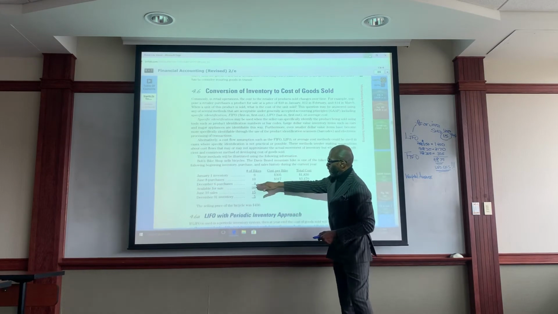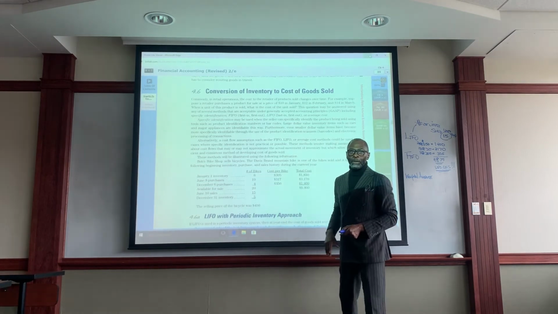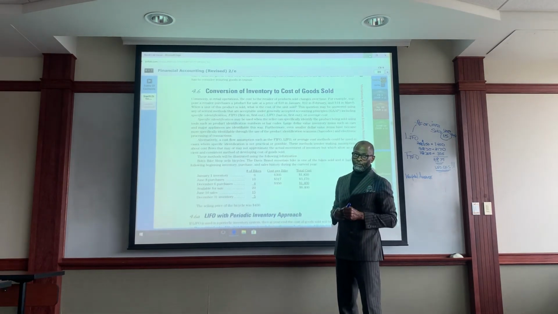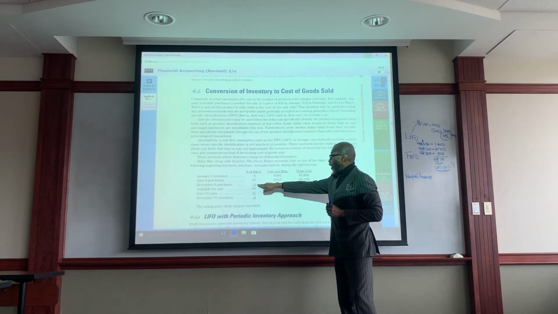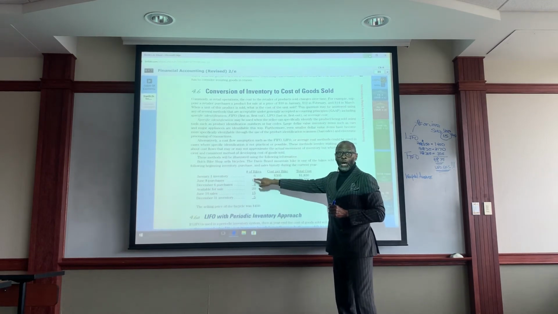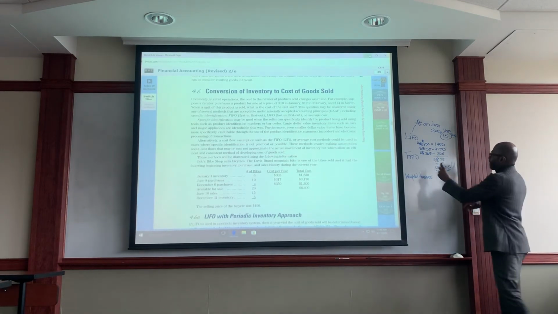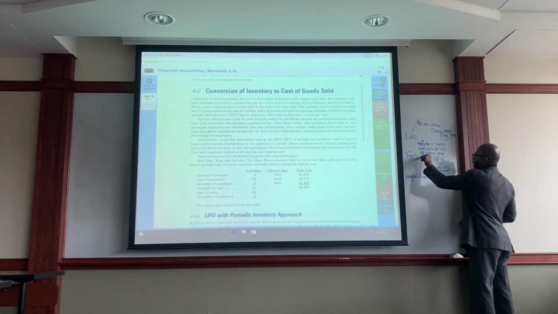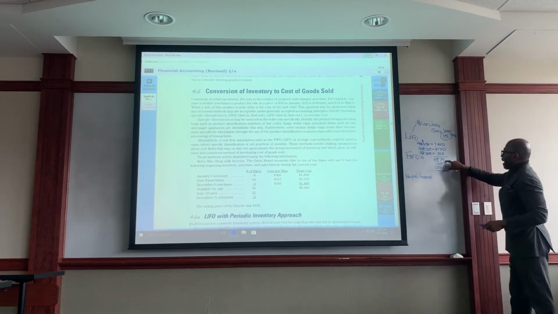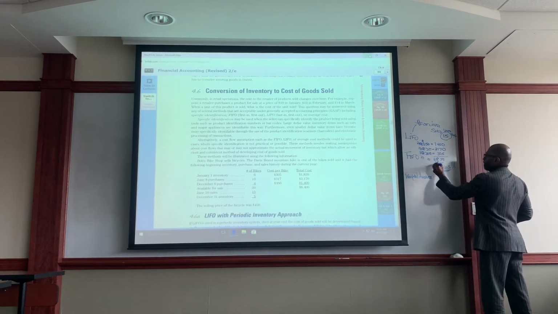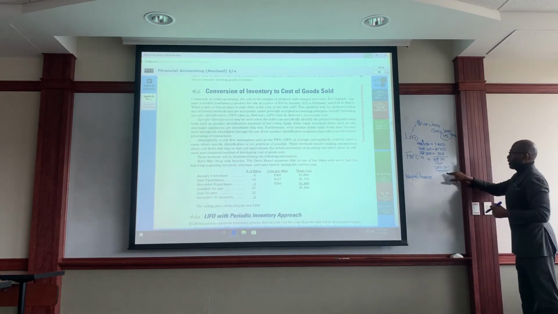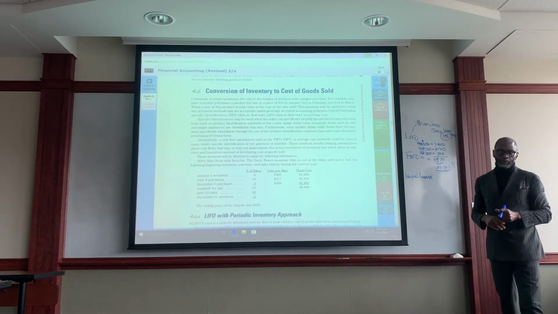We're working from the bottom to the top, as Drake would say. 4 plus 10 plus 1. So now we've accounted for 15 units of an equivalent 4875, which is LIFO cost of goods sold.